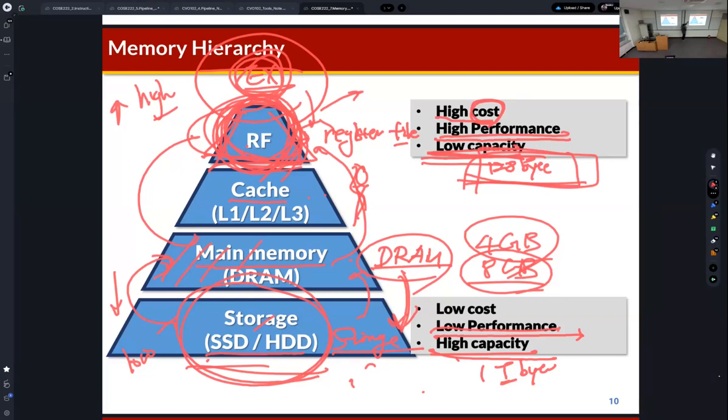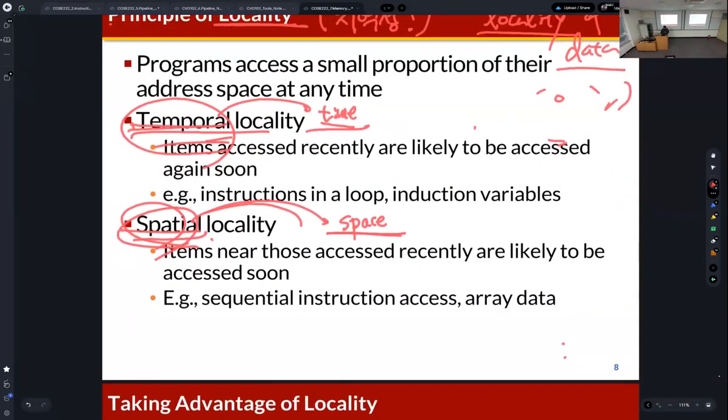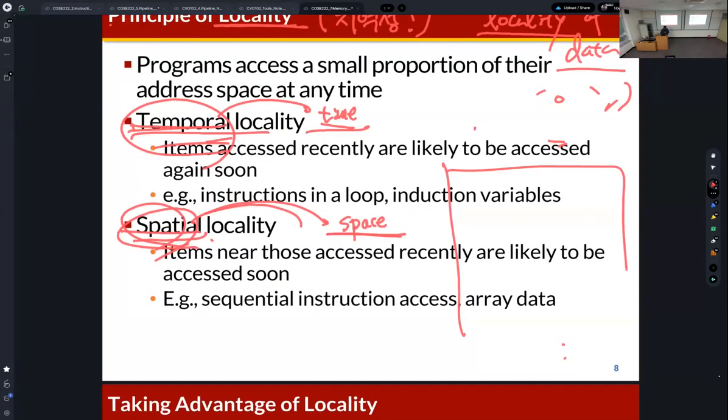Actually, we can use this memory hierarchy because of data locality. Why? So what is the locality? I mentioned that this is the largest system, but only part of the system, a very small amount of data or small amount of system resource, is used. Okay, so this is the locality.